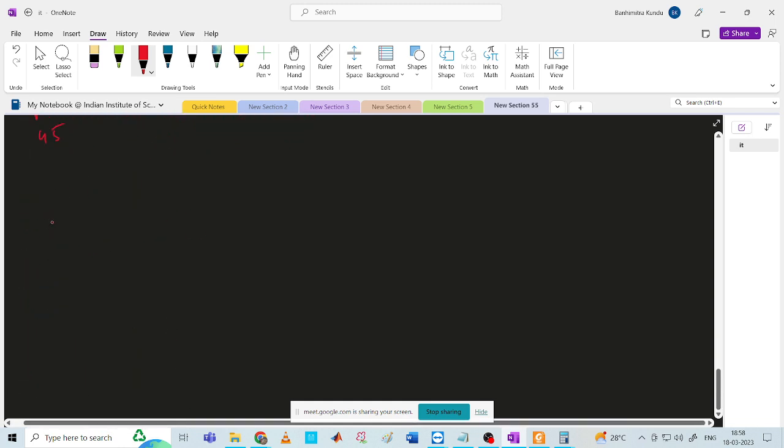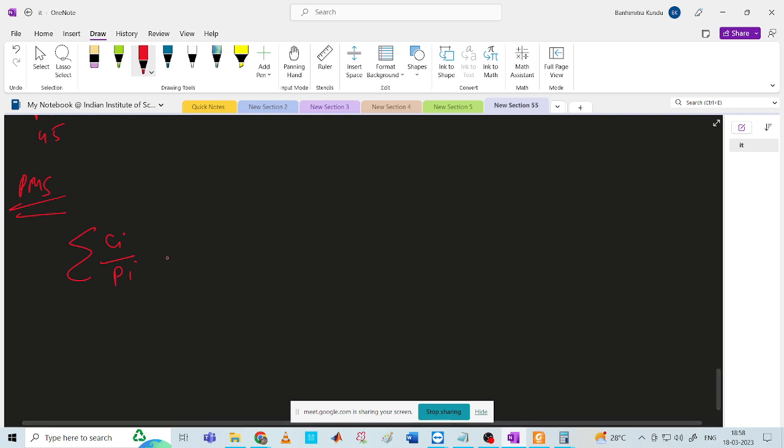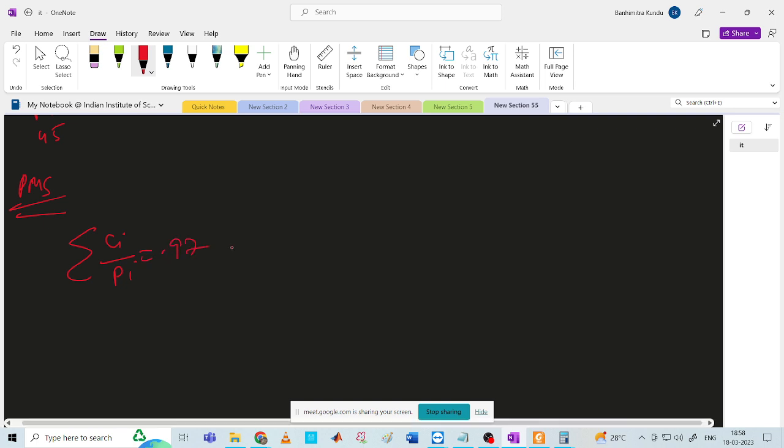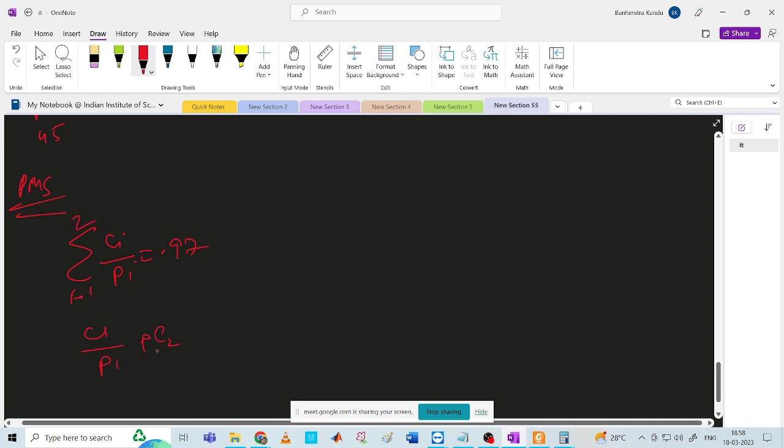Okay, sir. Given the RMS algorithm, what is important is that the summation of Ci by Pi gives you an indication of the resource utilization in CPU. In the question, the resource utilization of the CPU is 0.97. We have two tasks, i equals 1 to 2, so C1 by P1 plus C2 by P2 equals 0.97.